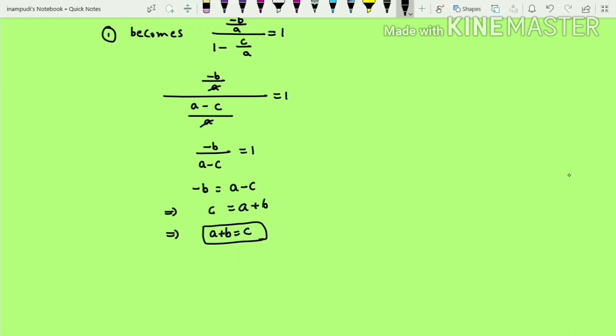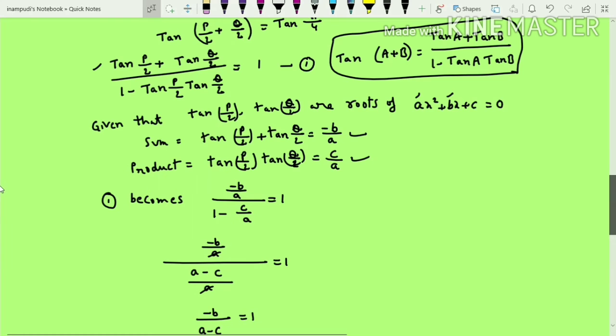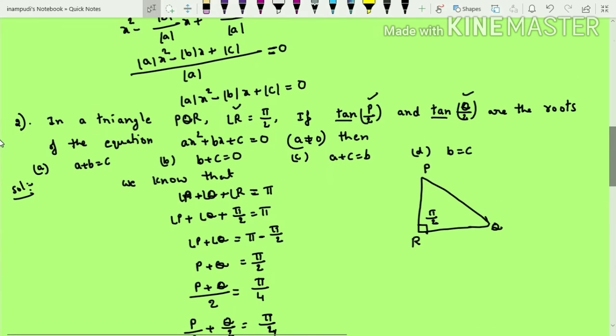A plus b equal to c. In the options, a plus b equal to c, option A, is the correct answer.